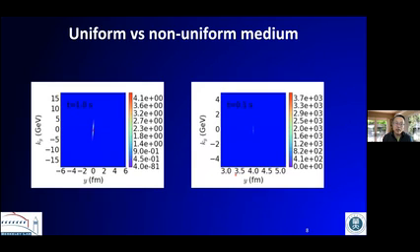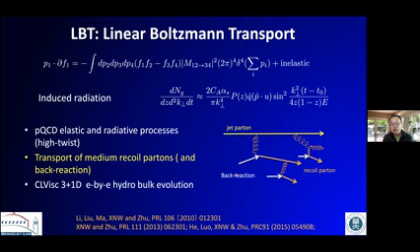So finally, we look into the linear Boltzmann transport equation. In this Boltzmann transport equation, we include both elastic and radiative processes, and we also use a 3D viscous hydrodynamic model for the bulk evolution. So in this full simulation, you will have radiative corrections and multiple scattering.